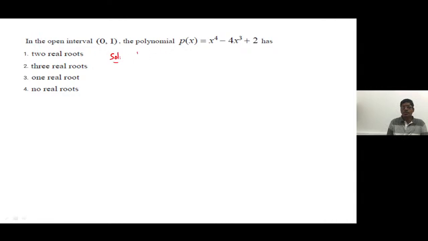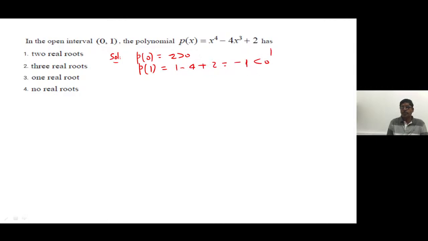So substitute x equal to 0, that is p of 0 is equal to plus 2, which is greater than 0. Put x is equal to 1 in the open interval 0, 1 given. So 1 minus 4 plus 2, this is minus 1 less than 0.